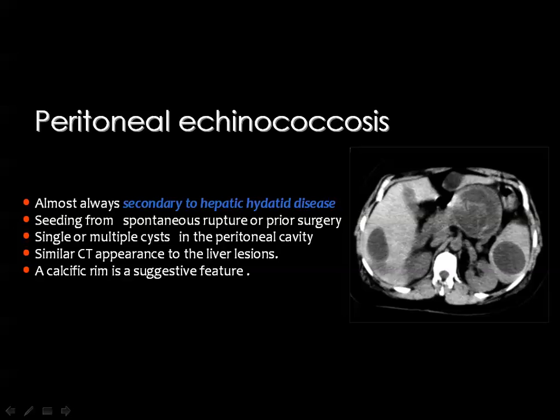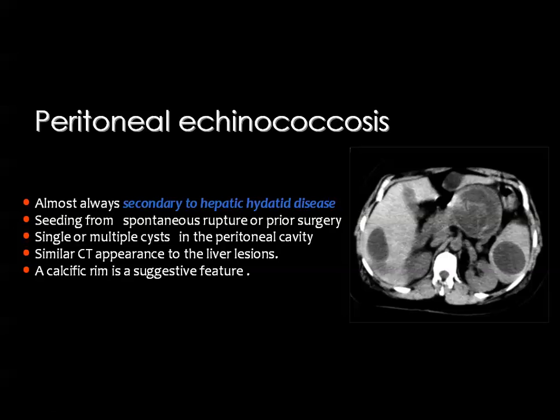The peritoneal echinococcoses are usually secondary to rupture of a hepatic hydatid cyst into the peritoneal cavity. And this may be a spontaneous rupture or during surgery attempting to remove this hydatid cyst.